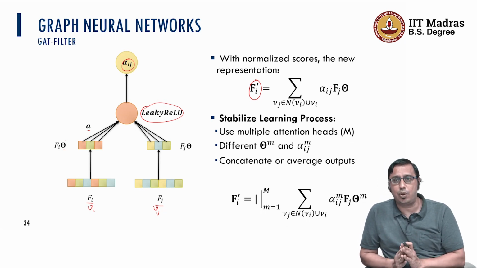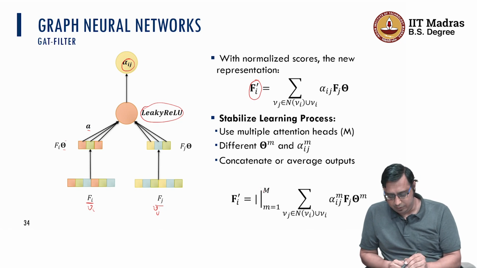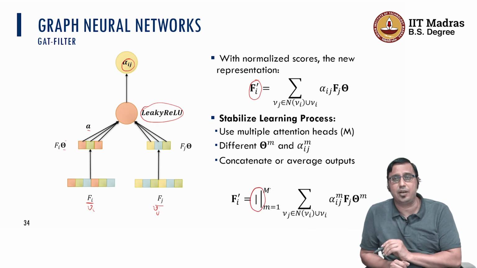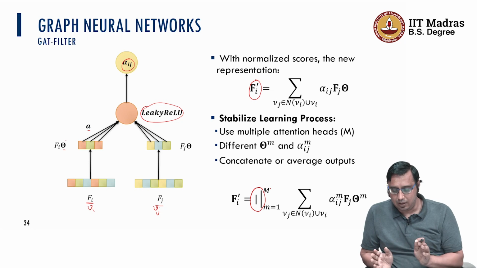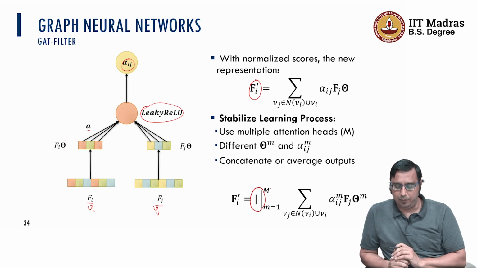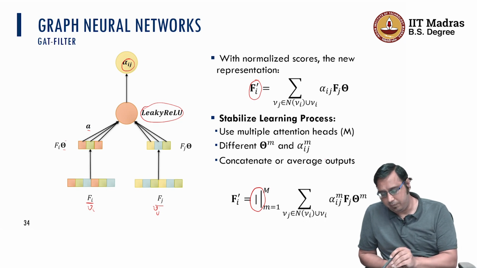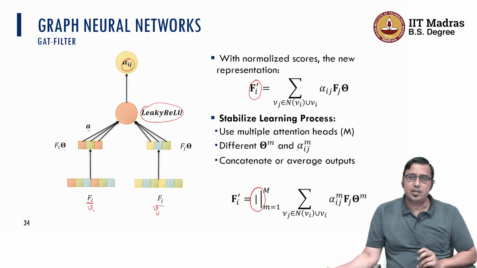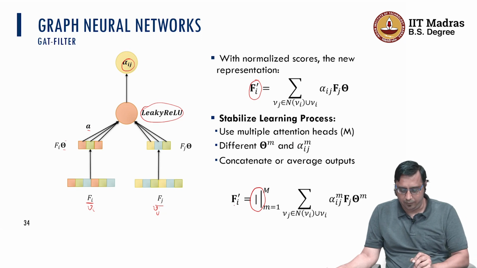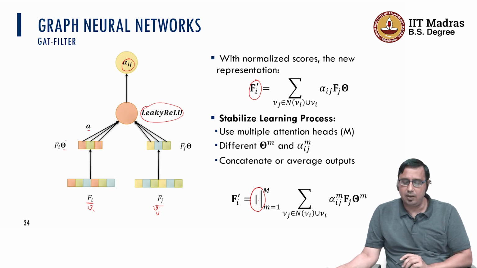So we concatenate, where the symbol indicates the concatenation operation, and combine them all, or sometimes we take an average output for fi, using multiple attention heads.